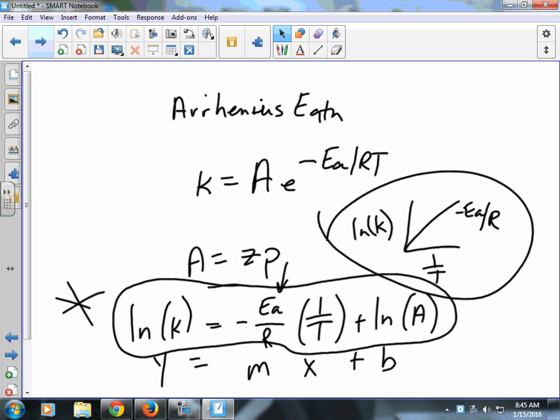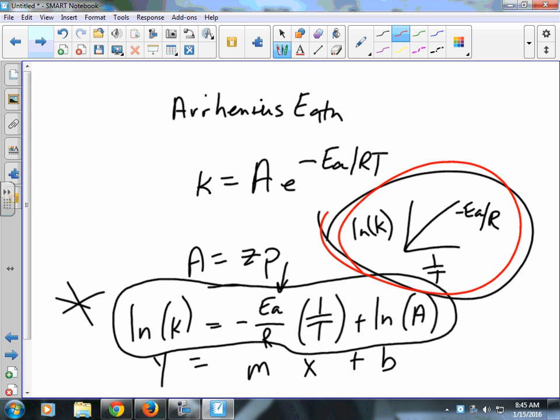And let's go ahead and talk about catalysts. It's real short and sweet. But I just want to say right now officially, if you were asked to take a table like this one that has rate constant values and temperatures, then you are simply going to create this plot, knowing that the slope is negative E sub A over R. You plug in R. Which value of R do they use? 8.3145?